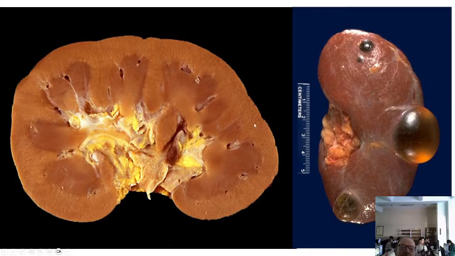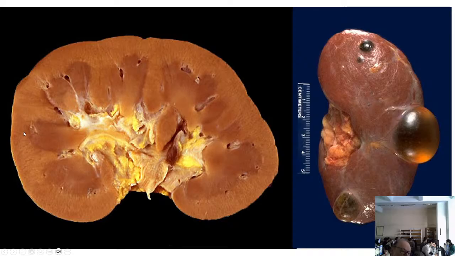So, as blood enters the kidney, we have the renal artery, which gives those interlobar arteries which go this way, close to the pyramids, and when they reach the margin between the renal cortex and the medulla, they become arcuate arteries.